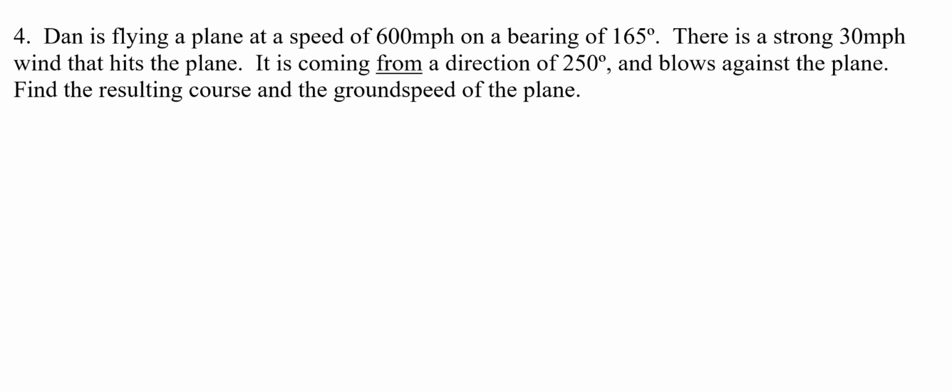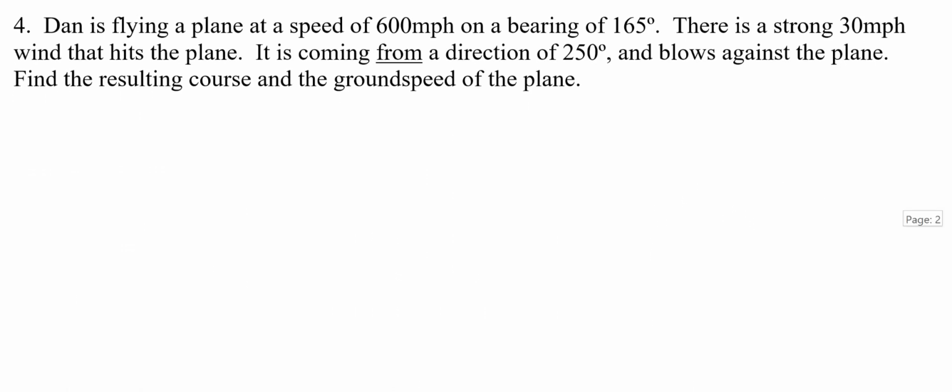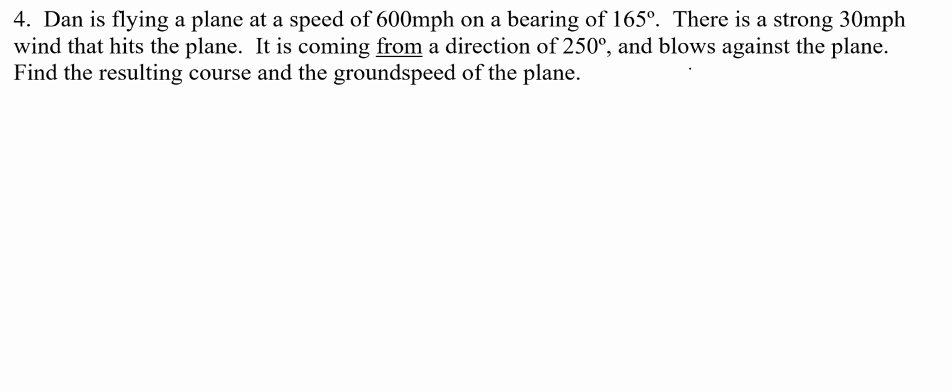So now we're getting into some bearing problems. Dan the man is flying a plane at 600 miles an hour on a bearing of 165 degrees. So the very first thing you're going to do is draw a dotted line. Now, remember, it is the triangle chapter, so you're forming a triangle. And these are definitely ones that you have to practice.